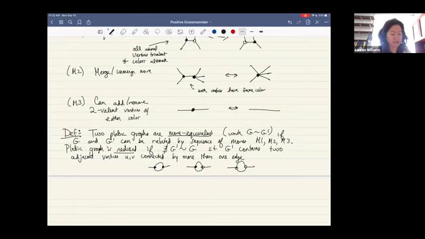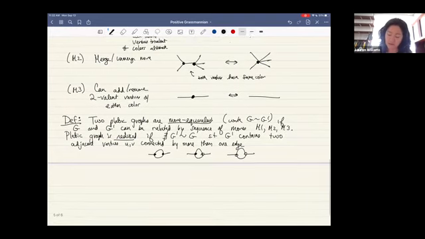All right, so now I want to explain how to use these graphs to encode cells.